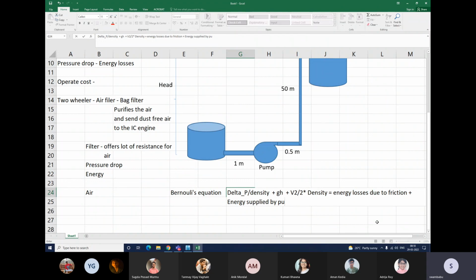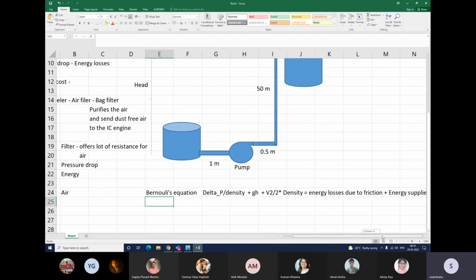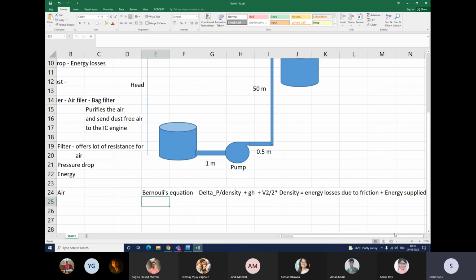If you have a pump, I'm sure you have seen this in your fluid mechanics book. So energy supplied by the pump is indirectly or directly related to the pressure drop. The higher the pressure drop, the higher the amount of energy we need to supply from the pump.